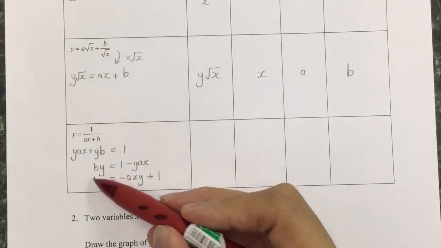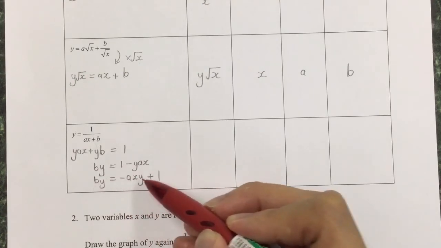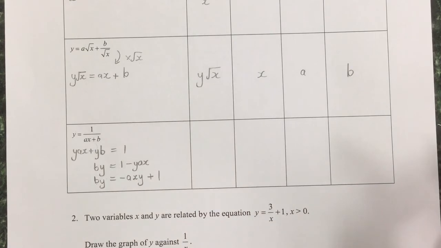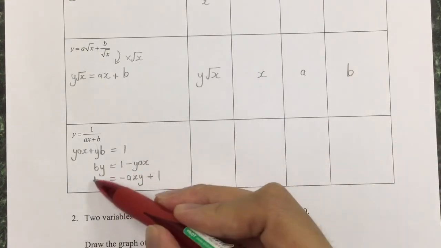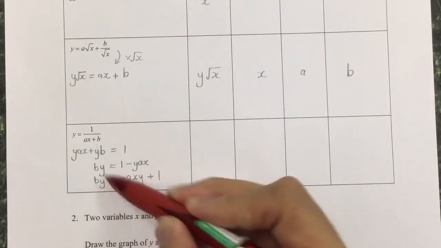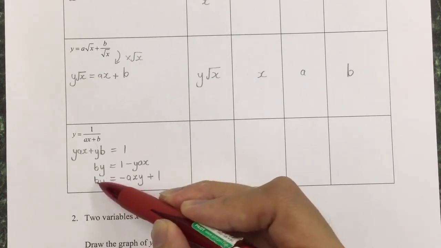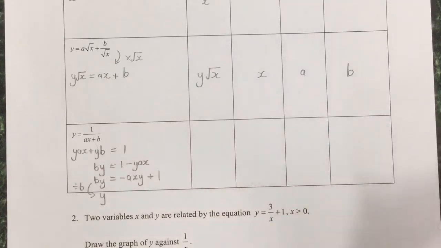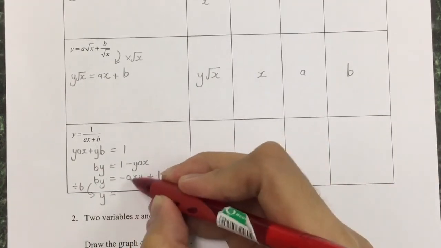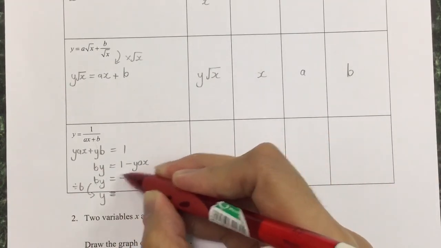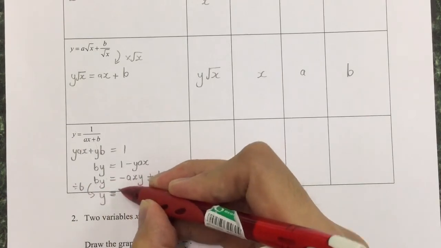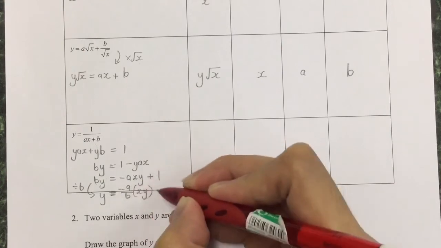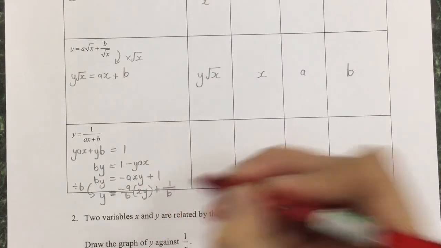Why did I do this? Can you see that now I actually have almost y equals to mx plus c? Just one more step. What is that? Yes, the coefficient of this y expression, the vertical axis, has to be 1. So I'm going to divide by b throughout. So complicated expression, but not to worry. Negative a divided by b, I'm going to get negative a over b. Then I have my xy plus 1 over b.